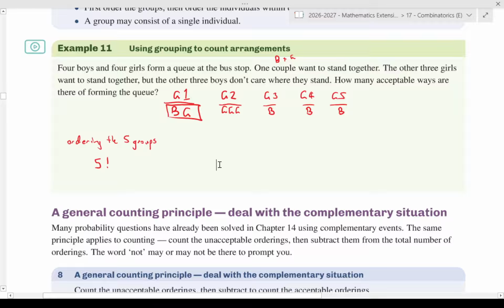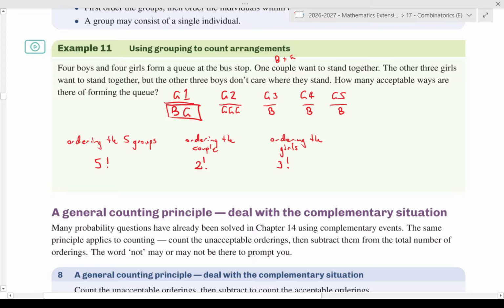Ordering the couple, there's only 2 of them, so they can be organized 2 factorial ways. And then the last one is ordering the girls group. There are 3 of them, so they can be organized 3 factorial ways.